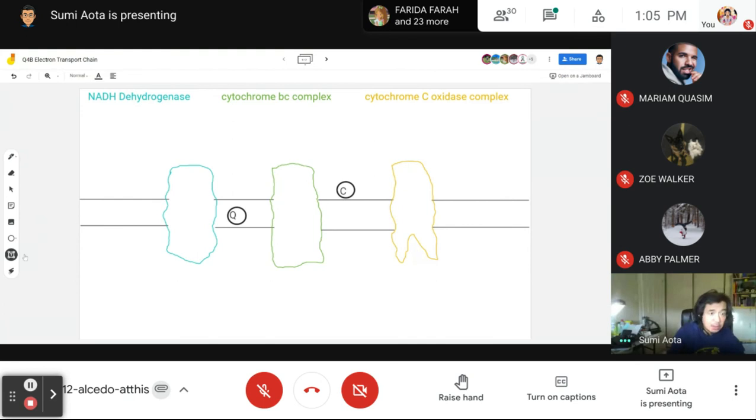So, excuse me, I'm going to have an NADH coming in here. That NADH molecule could be coming from glycolysis. It could be coming in from pyruvate oxidation. It could be coming in from Krebs cycle. It doesn't really matter where it's coming from.